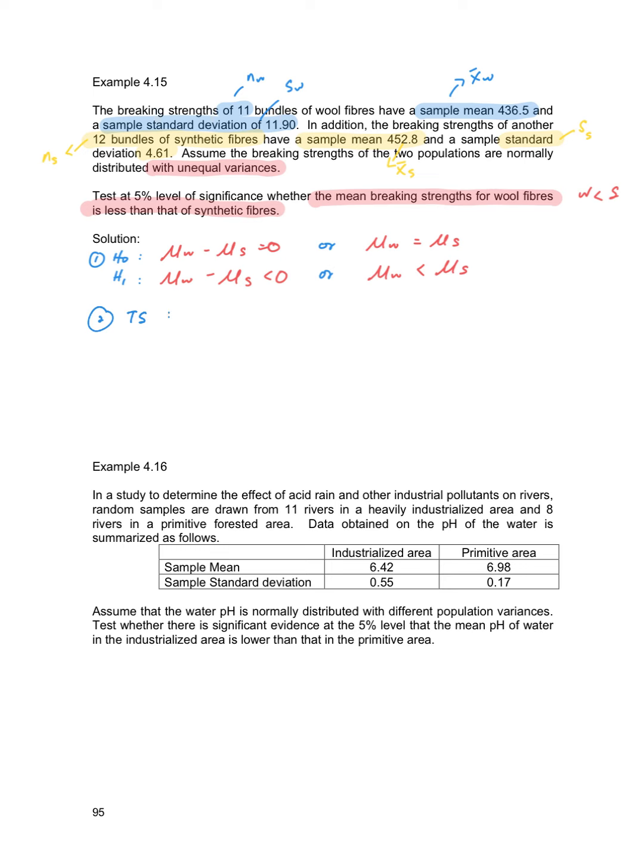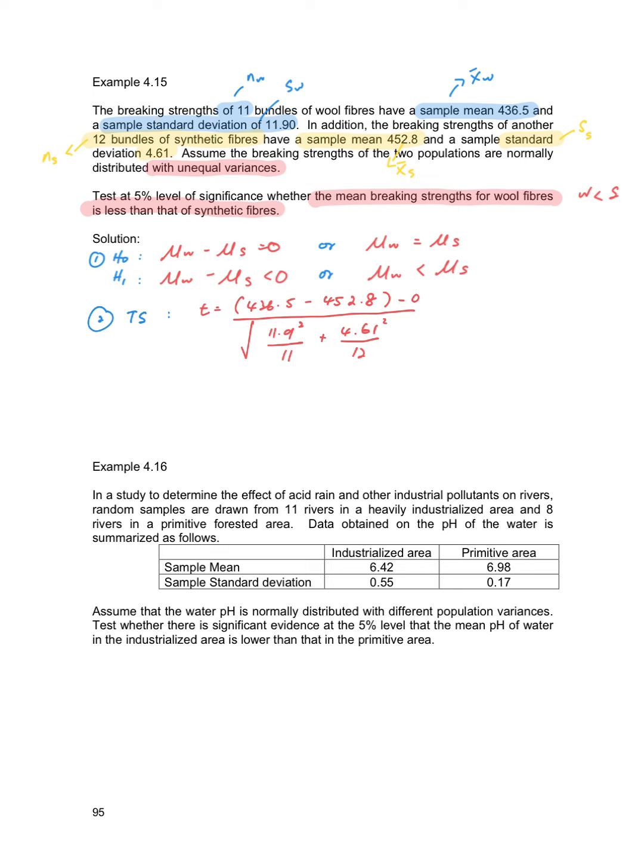Our test statistic is T. So T equals X bar W minus S, since we do W minus S. X bar for wool is 436.5 minus 452.8, minus 0, we do not define any difference here, over the square root of 11.9 square over 11 plus 4.61 square over 12.